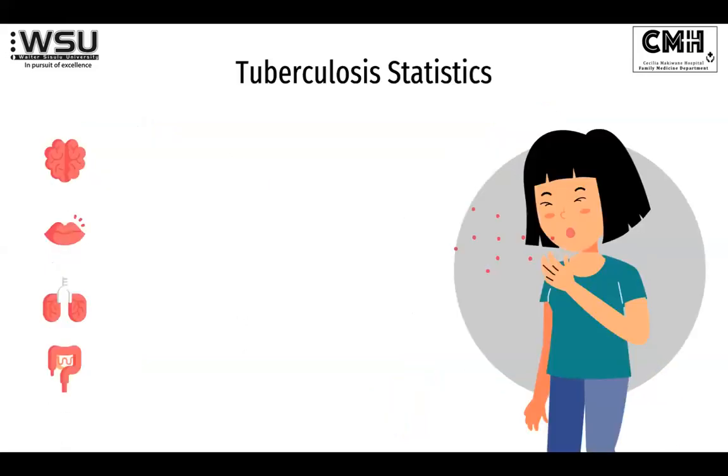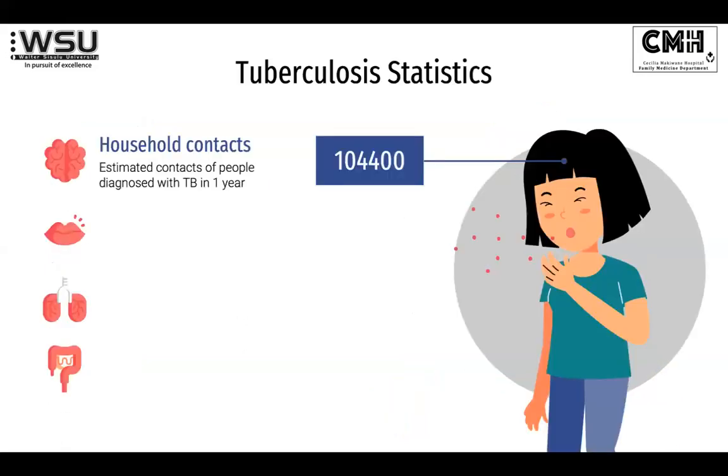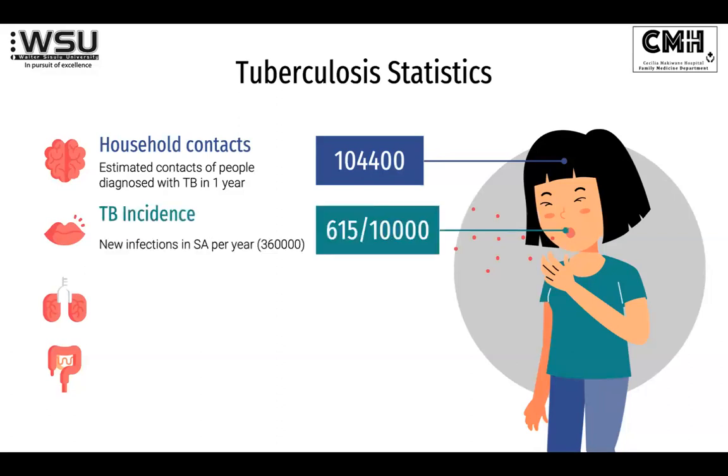So just a little bit of statistics in terms of why this TB infection is so much on the table. The amount of estimated contacts, and household contacts is an old term, but this is the term from the NEML report. We estimate that there are about 104,000 people, and that is based on our TB incidence.